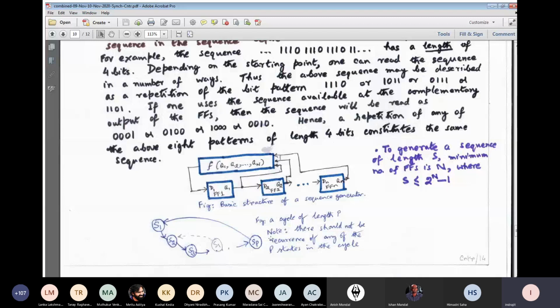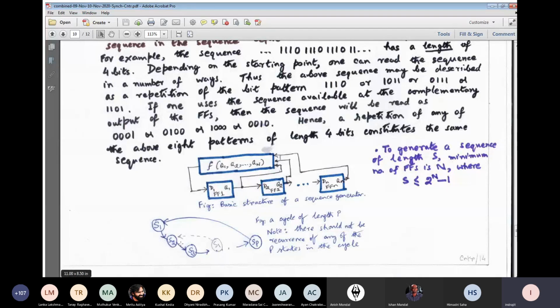And let me assert that here none of the P states should recur in the cycle. Why? Because suppose S1 recurs, that's what I have written in a faded way. If S1 recurs and S2 is designed to be the next state for S1, then once S1 recurs, it means that a subsequence will be generated. We are looking for the sequence S1, and the presence of any given state will determine the generation of a unique sequence, my dear friend.